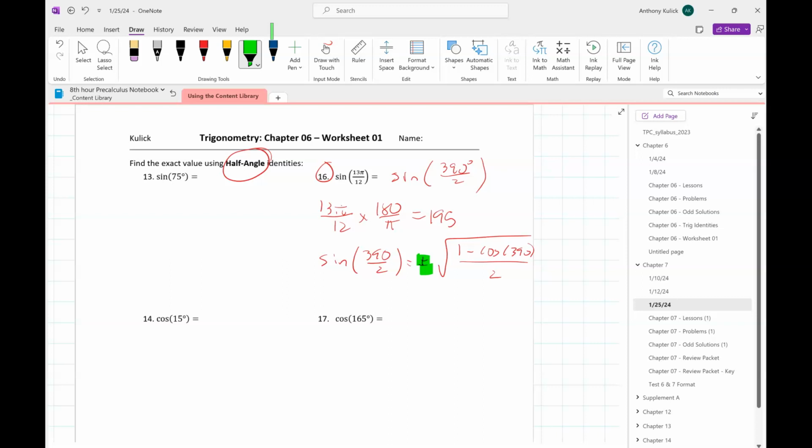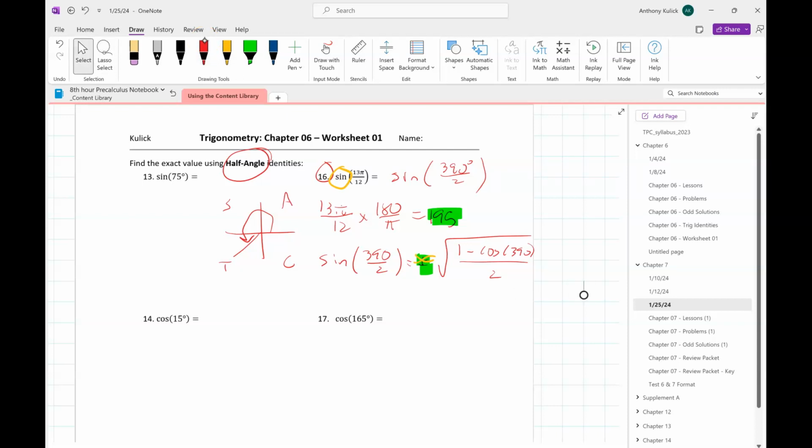To do that, I know that I'm looking at 195. So if I draw a 195 degree angle, it's down here in quadrant 3. According to All Silly Turtles Crawl, what is sine in quadrant 3? Is it going to be positive or negative? Negative. So we'll drop the plus from that plus or minus.